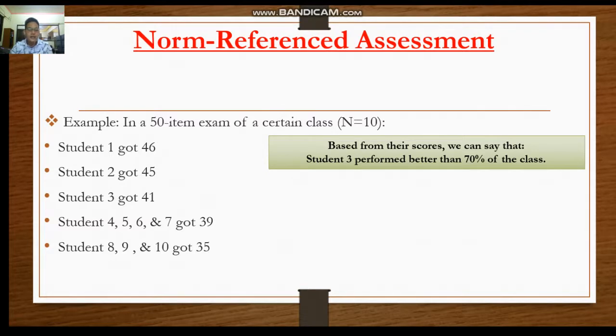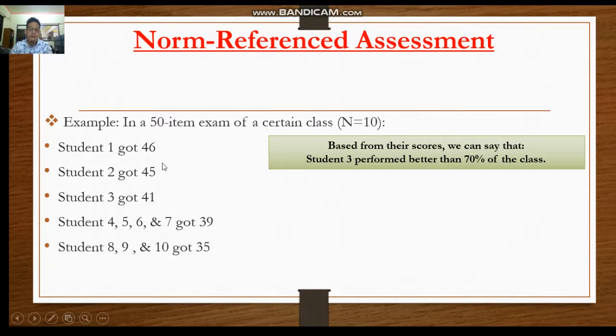So that means student 3 performed better than 70% of the class. Okay? 70% of the class. That is one interpretation of the scores we have here, in our example with our students.